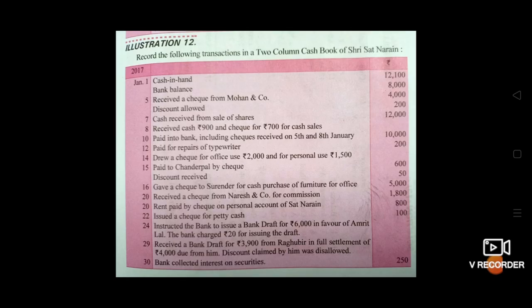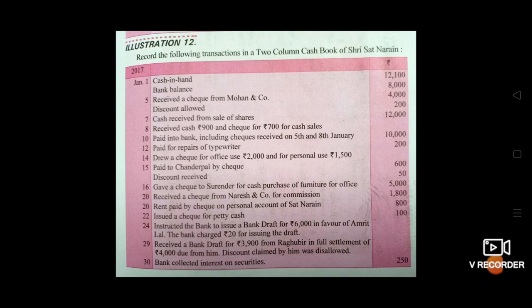10th January, paid into bank means deposited into bank, including checks received on 5th and 8th January rupees 10,000. Means they have deposited total rupees 10,000. From that both the checks, that is check received on 5th January worth rupees 4,000 and check received on 8th January for sale cost value of rupees 700, total amount 4,700.